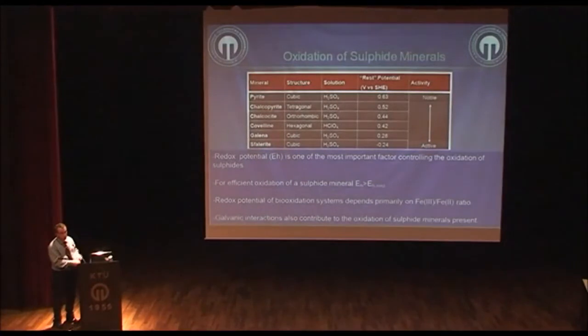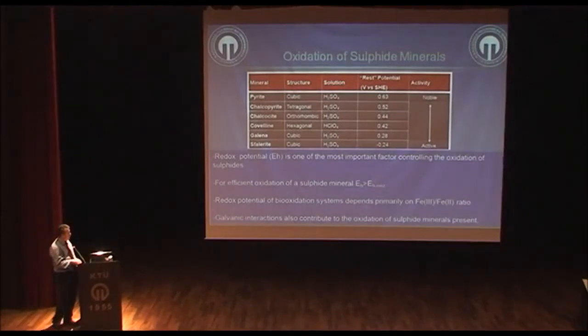And there is a rest potential for each sulfide, which means the oxidation conditions should be more positive than these potentials to effectively oxidize these minerals. In this regard, the redox potential of the system is of prime importance for controlling the oxidation of sulfides. And in bio-oxidation systems, redox potential depends on the ferric to ferrous ratio.